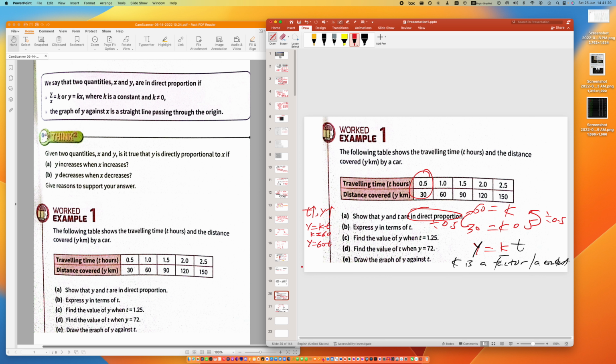That's the answer for part B. Now for part C, they say find the value of y when t equals 1.25. You already have y equals 60t, so you just substitute the t inside this. 60 times 1.25.